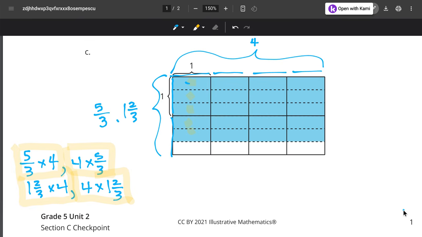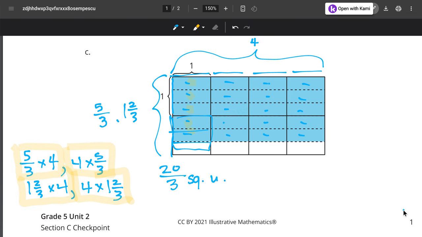We already said we have 1, 2, 3, 4, 5, 6, 7, 8, 9, 10, 11, 12, 13, 14, 15, 16, 17, 18, 19, 20. So we could say that we have 20 over how many pieces are in one whole? Well, there are 3 pieces in a whole, right? So we do have 20/3 square units.